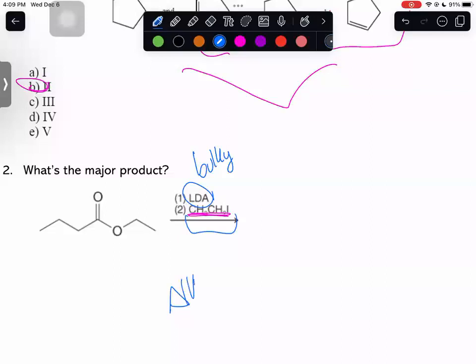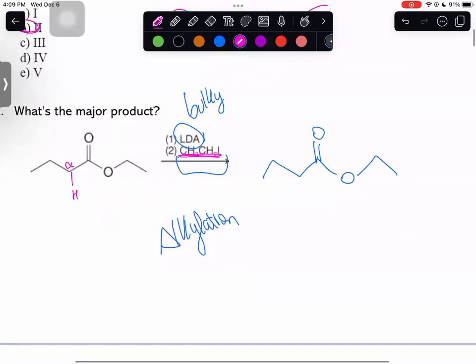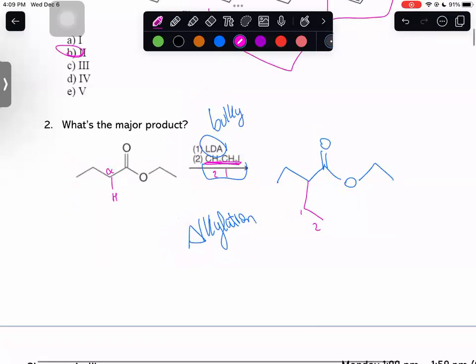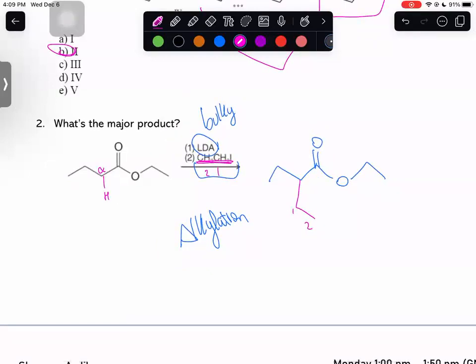So this one is just your alkylation. Remember, chapter 18 is all about replacing alpha hydrogens. This is my alpha position. I'm just going to replace one of those hydrogens with the carbon chain that I have. 1, 2, 1 and 2. That's it, simple as that. Okay, so far, questions?